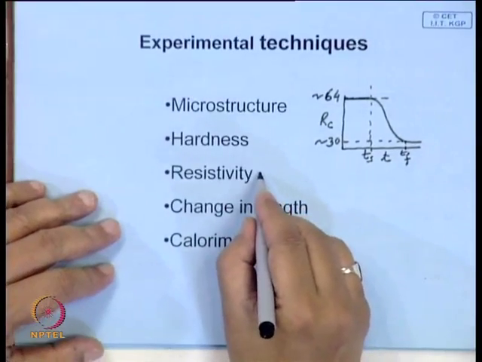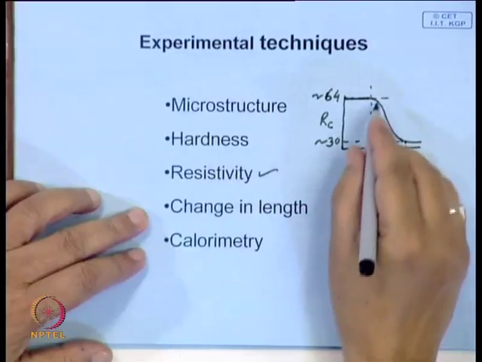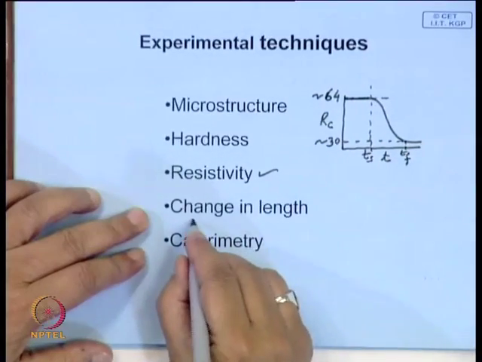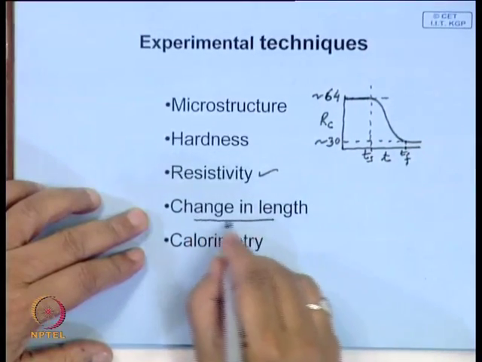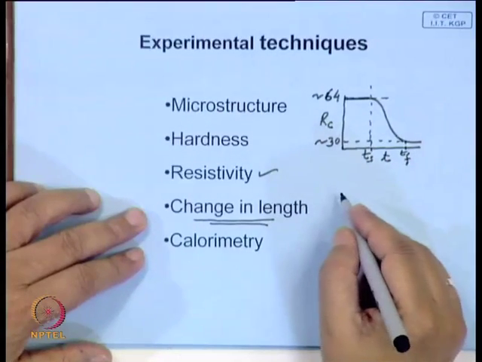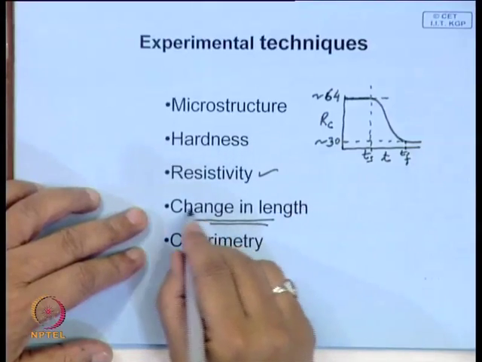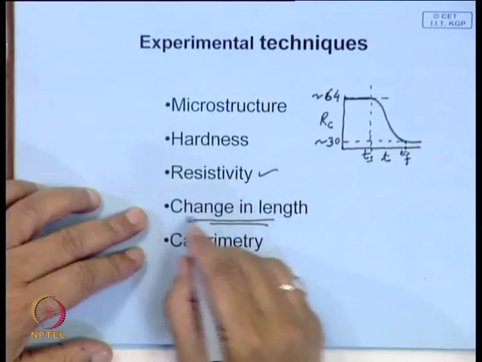The same thing is possible with resistivity, and it is also possible to follow this type of transformation by measuring the change in length. Whenever any phase transformation takes place, the crystal structure may be changing, there is a redistribution of solute element which results in a change in length.